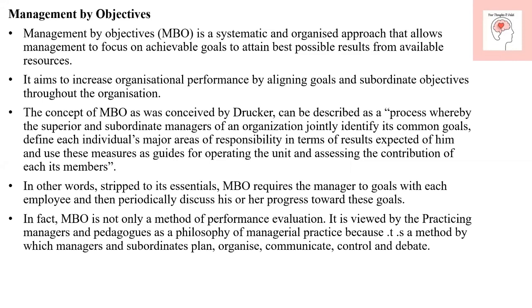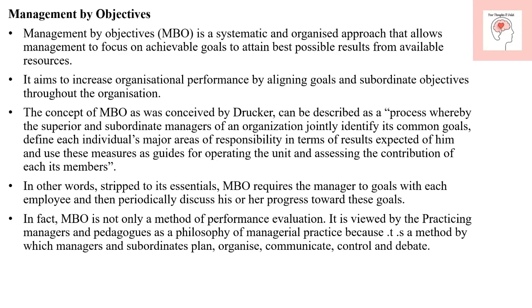So management by objectives is a systematic and organized approach that allows management to focus on achievable goals to attain best possible results from available resources. So MBO is basically that approach which allows the management to focus on the achievable goal, so that from whatever resources are available in the organization, the employees can achieve the best possible results, and this whole process is systematic and organized.